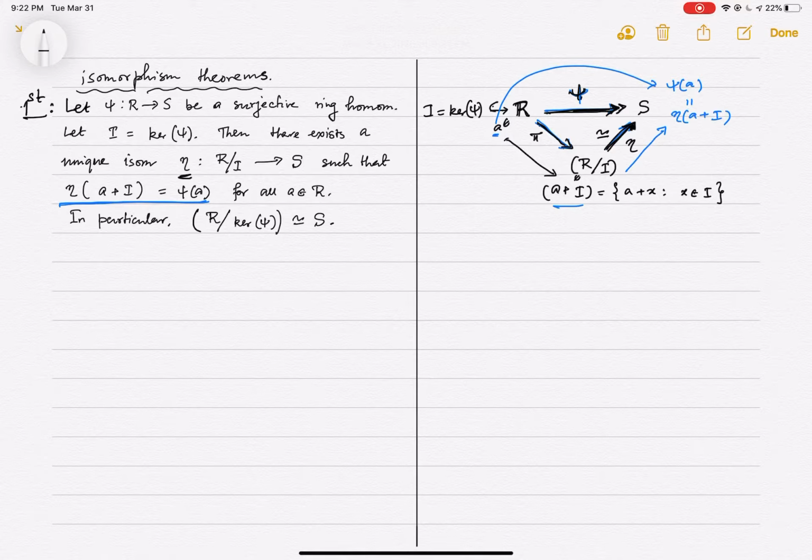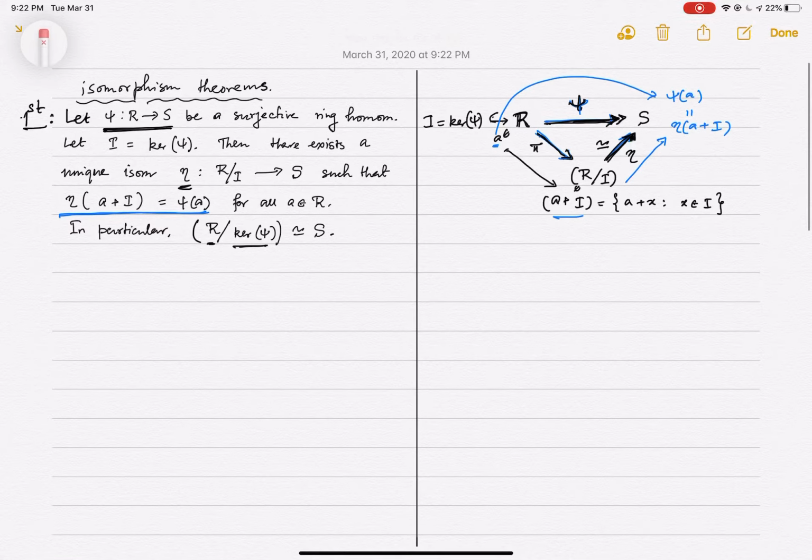In particular, whenever you have a surjective ring homomorphism psi from a ring R to a ring S, then the domain ring modulo the kernel is isomorphic to S. The kernel, remember, is I. So R mod I is isomorphic to S. Okay. And we have used this already a few times to identify certain quotient rings. And there will be probably a few more in the exercises.